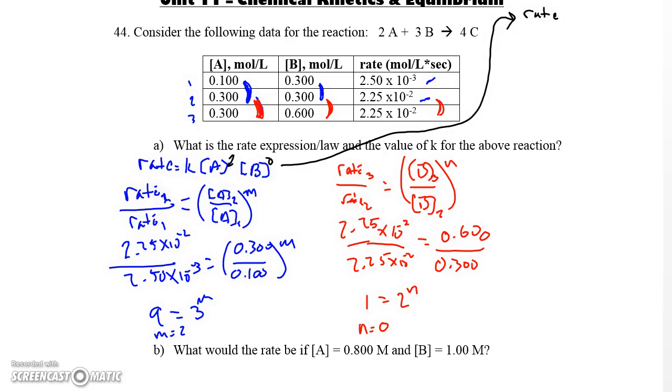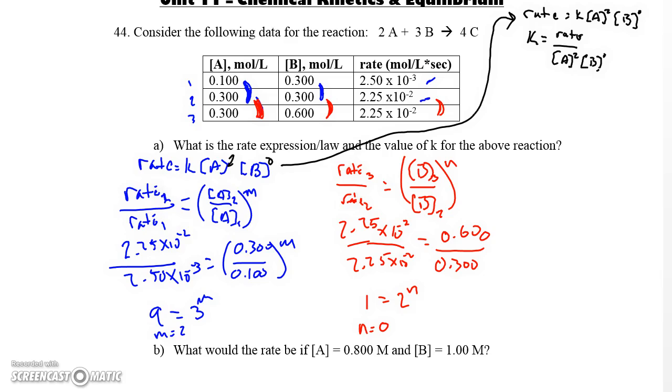So rate is equal to k times the concentration of A squared times the concentration of B to the 0 power. I'm going to rearrange this to get k by itself. So k is equal to rate over A squared. B to the 0 power will always give us 1, so it really doesn't matter what this is, and I don't even need to bring that down there.